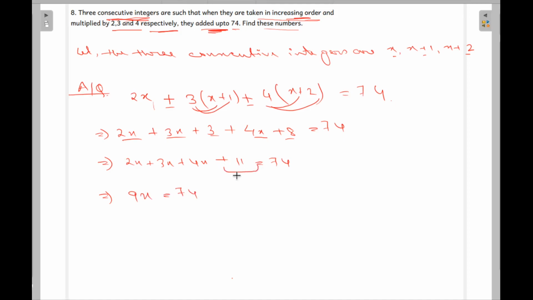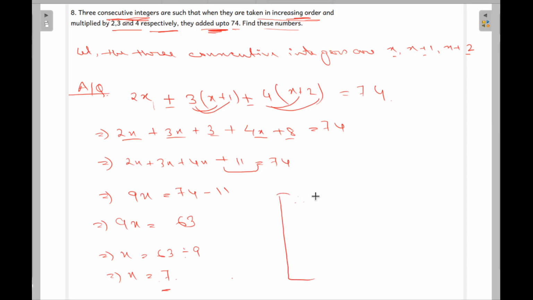We take this plus 11 to the other side, so it is 63. So 9x equals 63, so x equals 63 divided by 9. That means x equals 7. So the first number is 7.